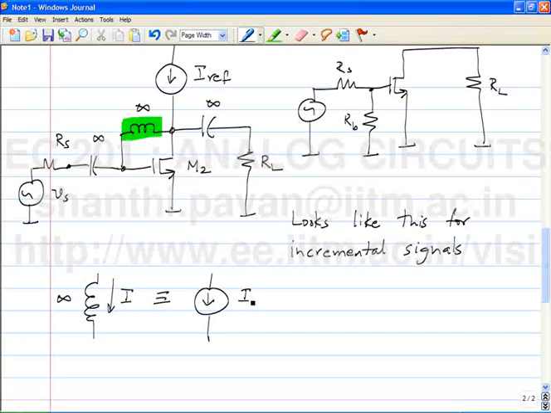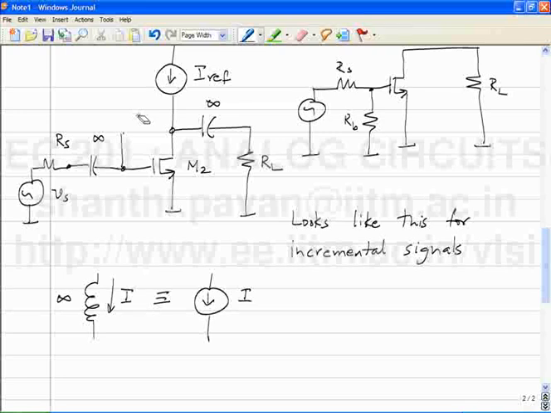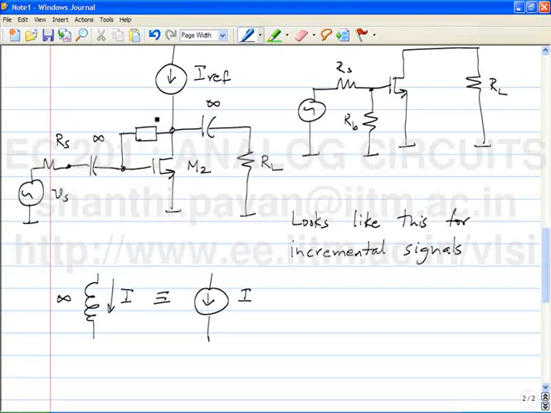So if one does not have the freedom to have infinite inductors, can somebody suggest a workaround? And what is the drop across the inductor? You want basically the DC drop across the inductor to be 0. I mean across whatever you put here, across this element, you want the DC drop to be 0.